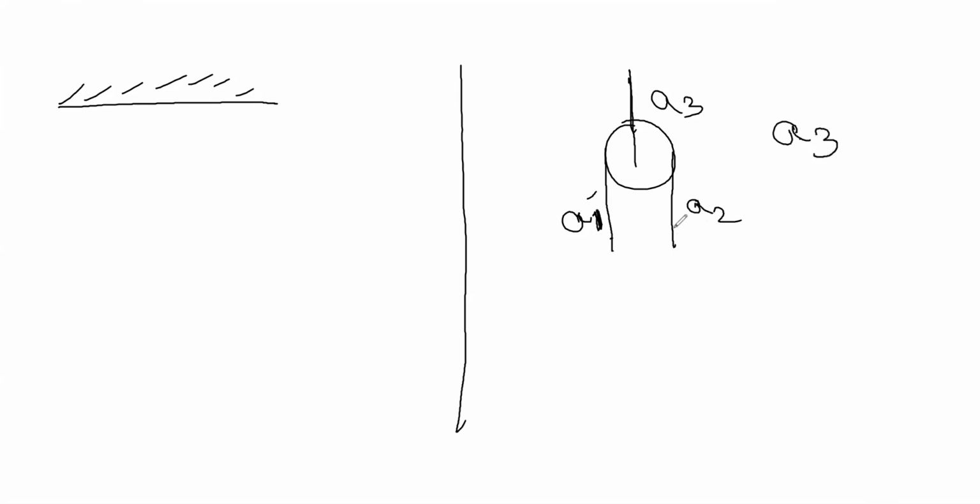Here it is the same string, but let us suppose here we have another moving pulley. Then the acceleration of this is not equal to the acceleration of this one.